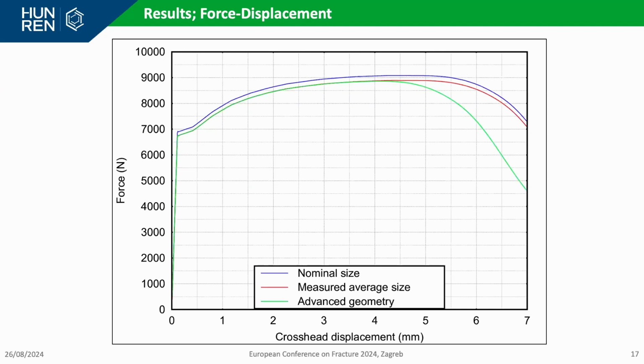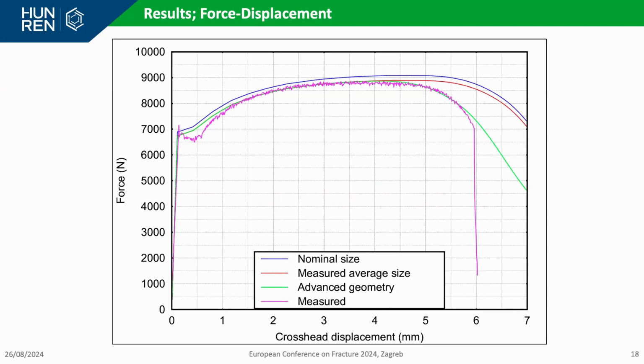The third one follows the second curve, but the necking occurs earlier, so the failure will occur earlier. And here we are only comparing 3 models, but let's see where is the measured data. And you can see that it follows the third curve. The agreement is pretty good, and you can see that the noise of the measurement is smaller than the difference between the first and second one.